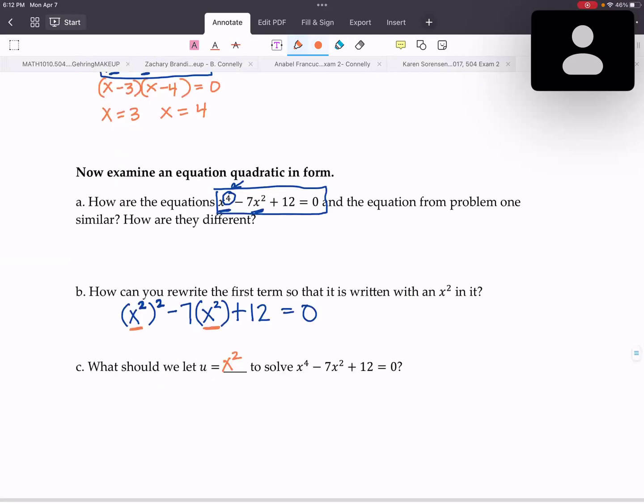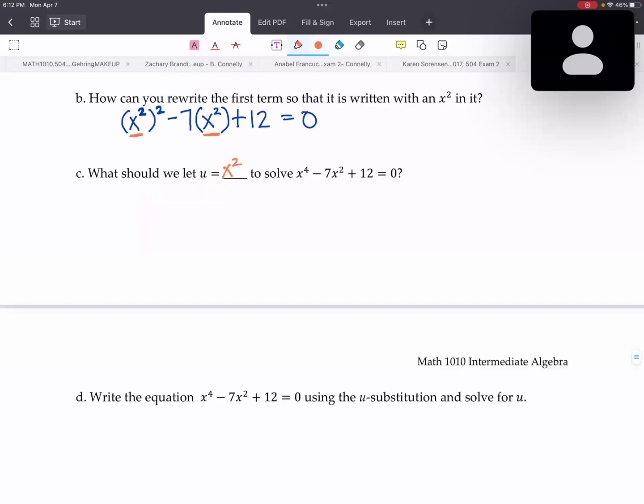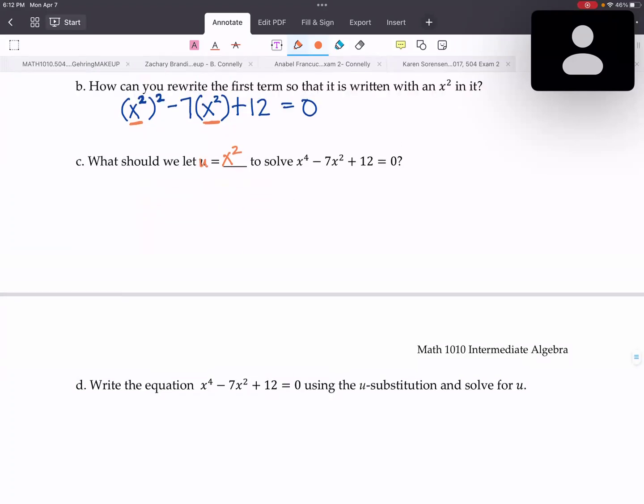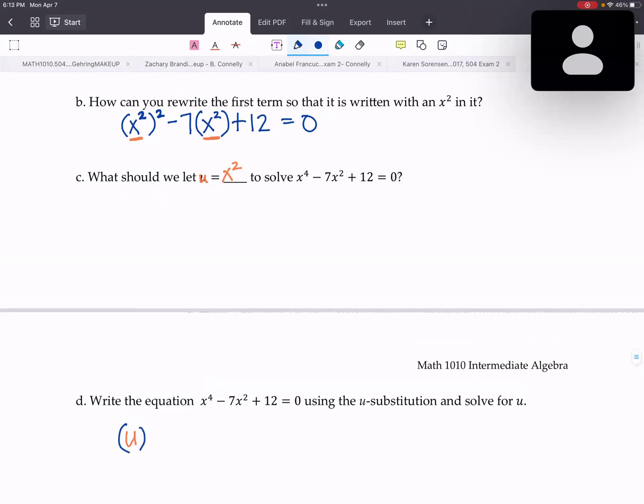So if I write this equation now using U substitution, everywhere I see the x squared, I'm going to put a U in place of it. So I've got U, all squared, minus 7, and then again, where that x squared is, I'm going to put a U, plus 12 equals 0.